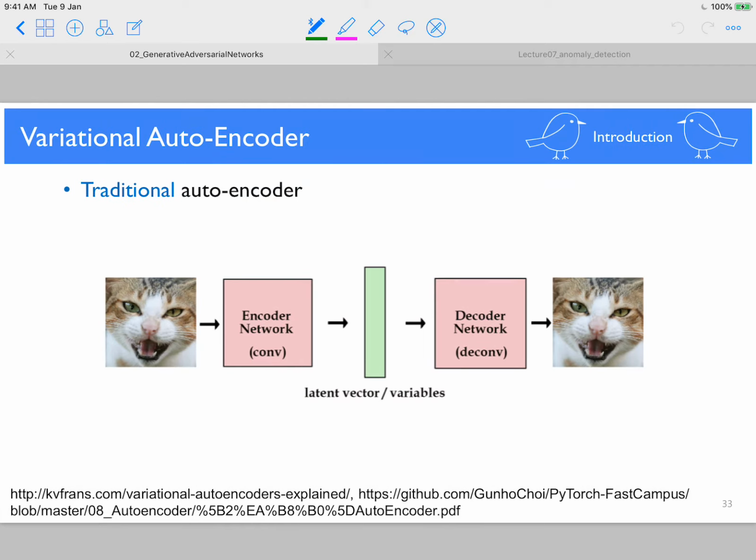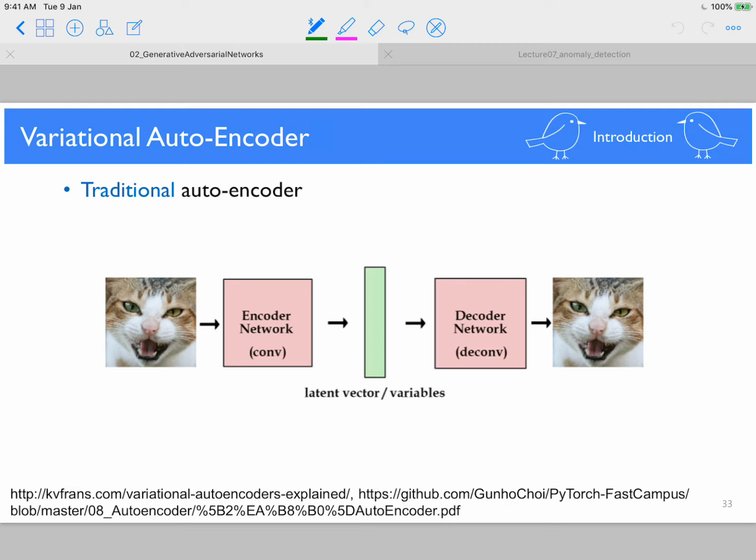So let's discuss this variational autoencoder. Its theoretical background is quite deep, so I have no way to cover it, and I also don't have sufficient insight into the literature about it.